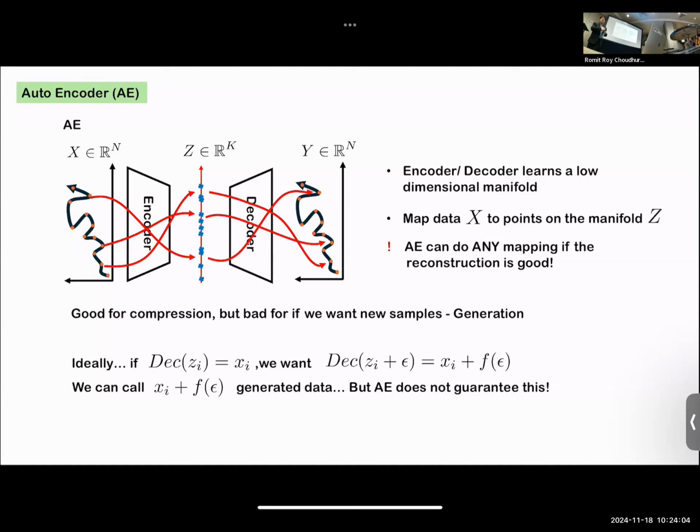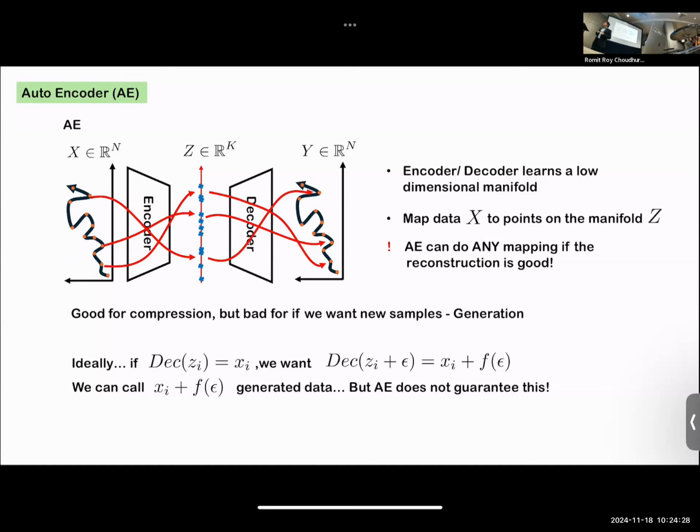So let me make it clear why this makes sense. When you mix and match encoders and decoders, you cannot.